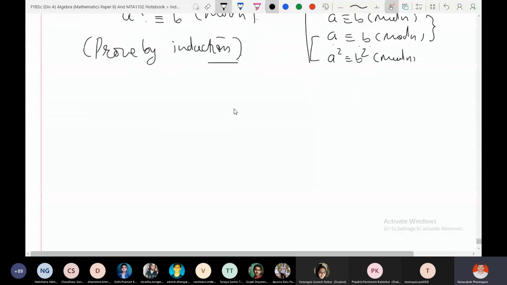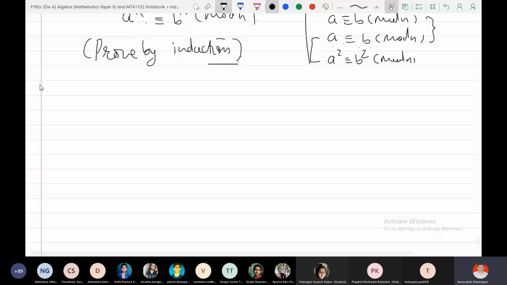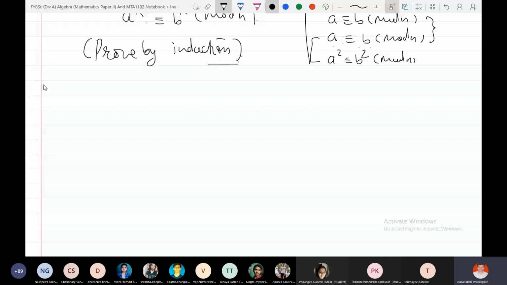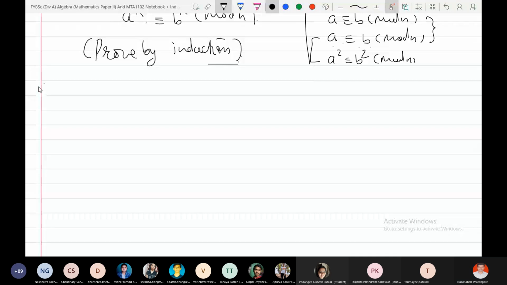Anyway, my next point is, let n be a positive integer, fixed.